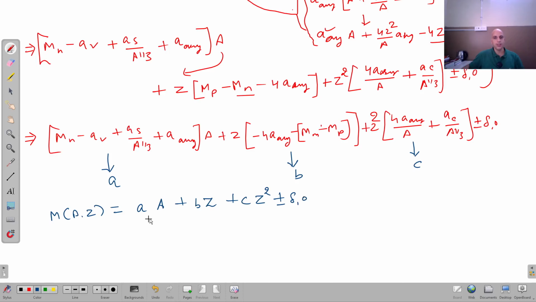Now this is the equation that I got after putting a equal to the term inside the bracket, b equal to this one, and c equal to this one. So it is the required equation. This is equation number 2 and it was equation number 1, right.